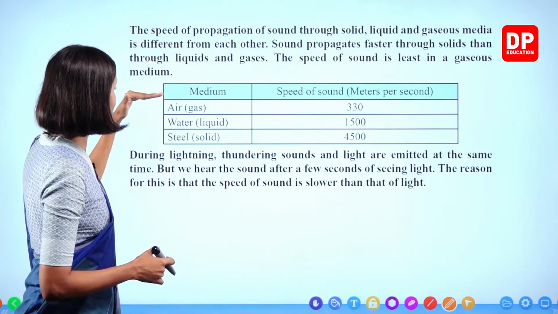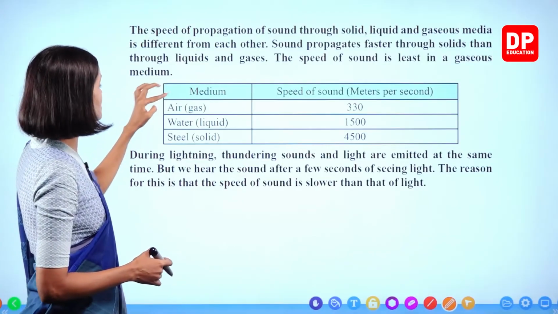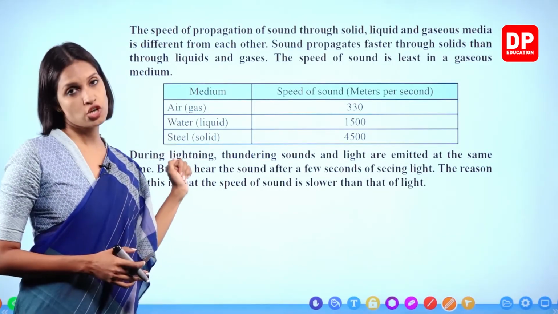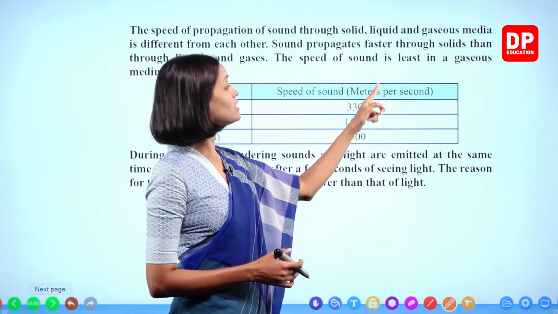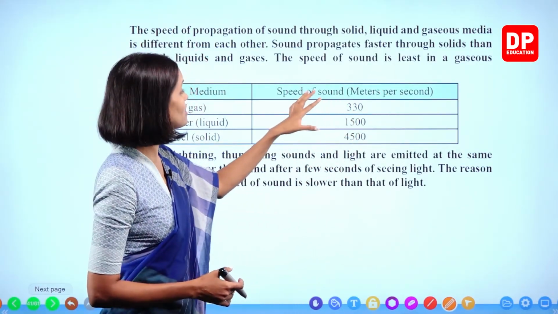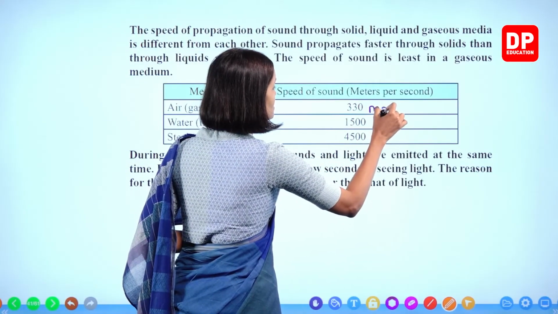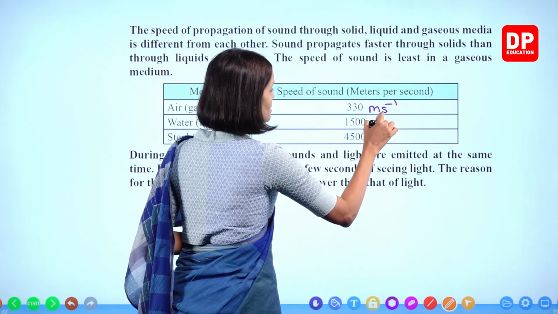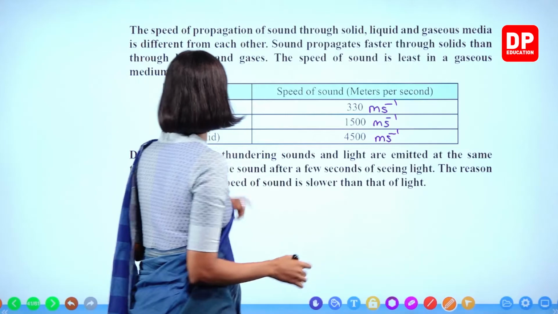Medium: air, it's a gas, right? It's a mixture of gases. Water is a liquid, steel is a solid, right? And the speed of sound is given in meters per second. We will write here meters per second, right? Look at this one.